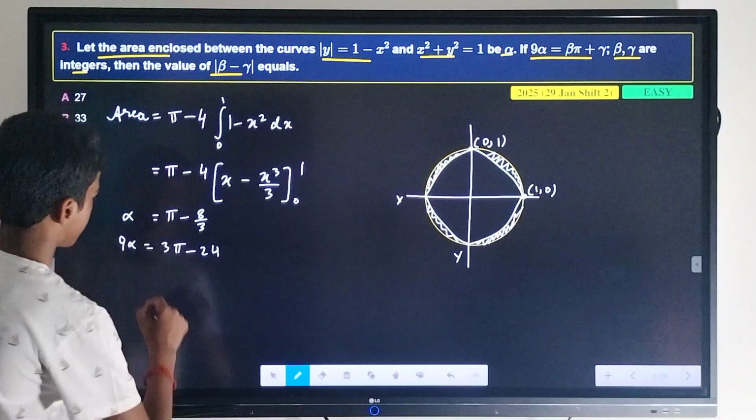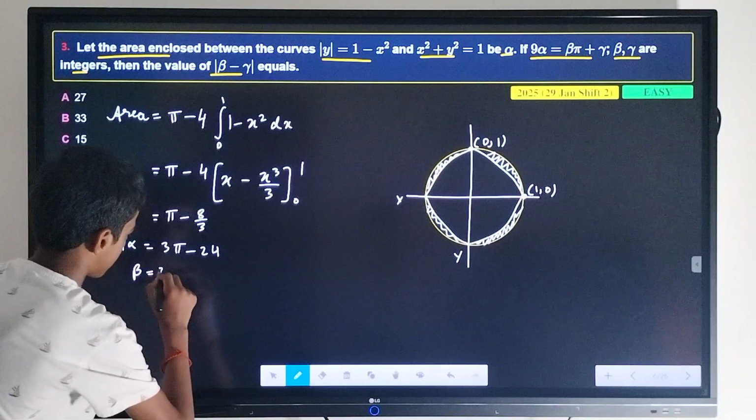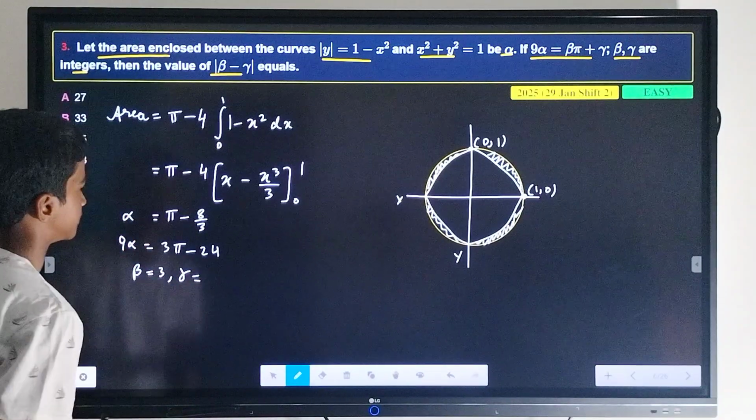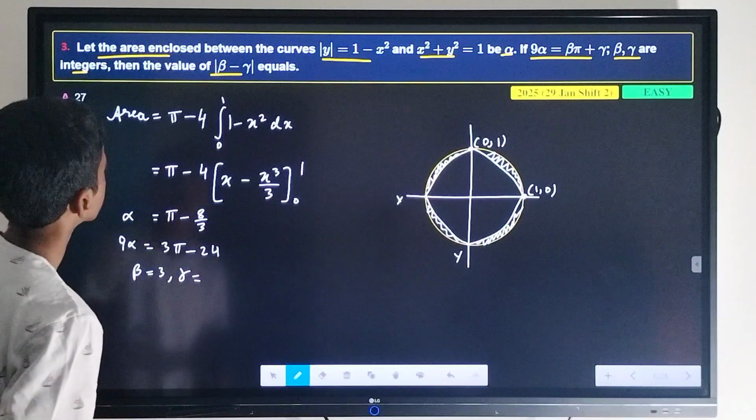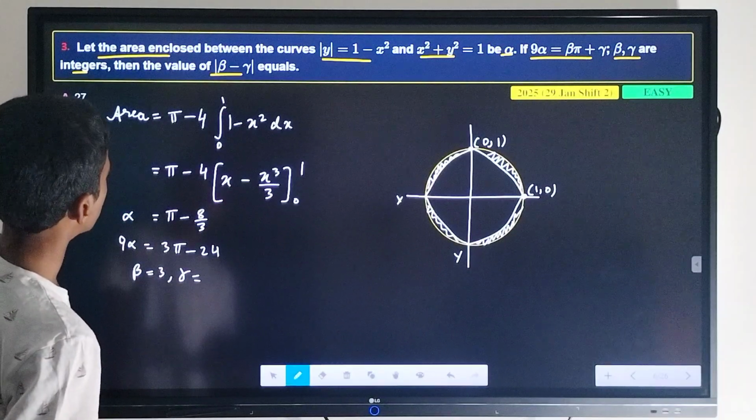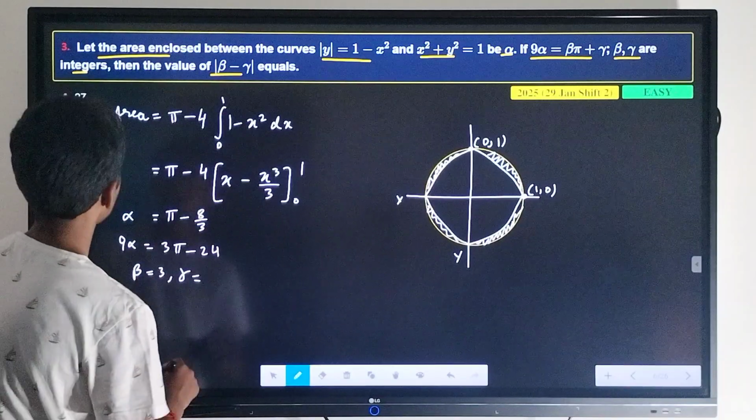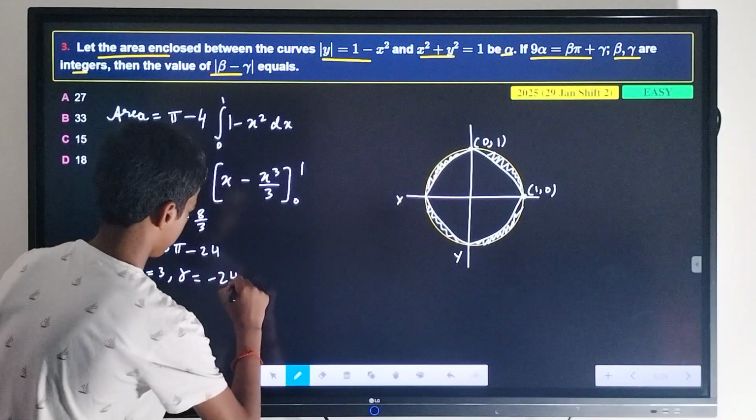From here on comparing, beta is equal to 3, gamma is equal to minus 24.